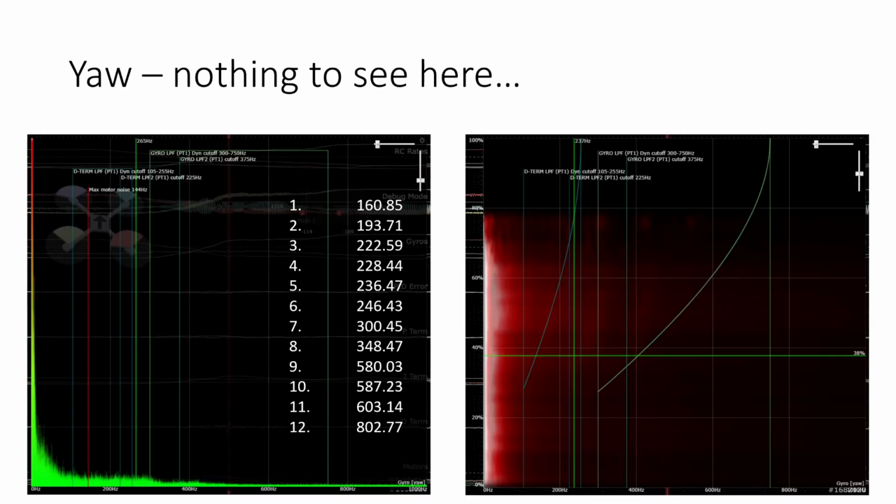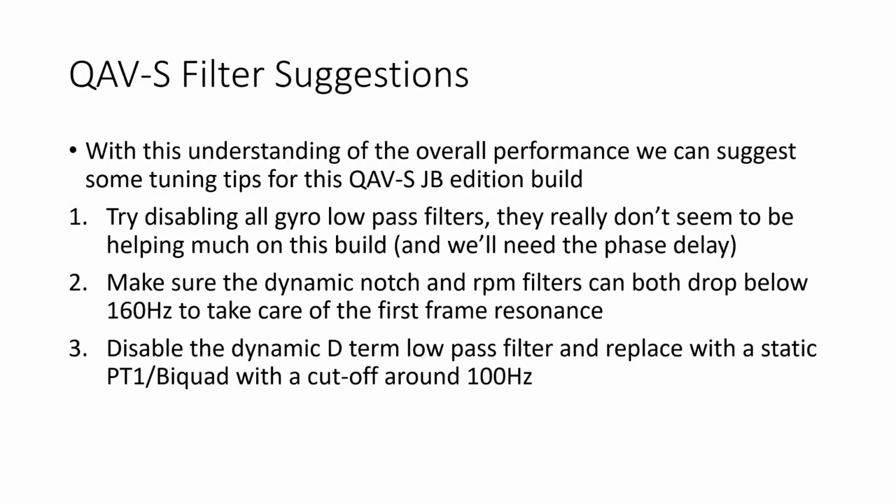So moving swiftly on. With this new understanding of the overall performance of the QAV-S JB edition frame from a vibration and resonance standpoint, we can actually use this information to make some filter suggestions for this particular build. The first suggestion is to try disabling all the gyro low-pass filters, because they really don't seem to be helping very much on this build.